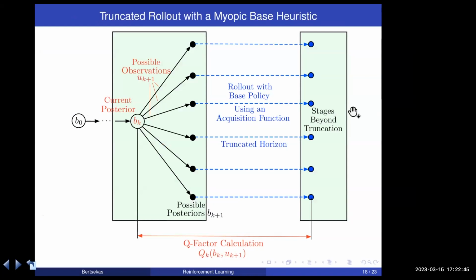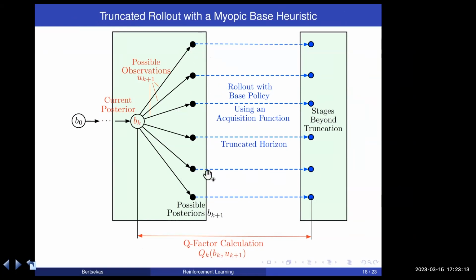Okay, let me give you also a diagram of truncated rollout with a myopic Bayes heuristic. Remember, at time k, we have obtained all these observations. We have computed the posterior bk. We look at all possible next observations and at all the possible posteriors that this can lead to. Now, this layer here is stochastic, so this tree is quite substantial.